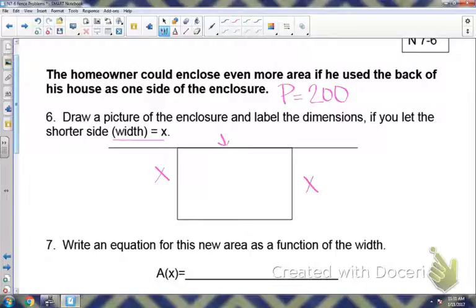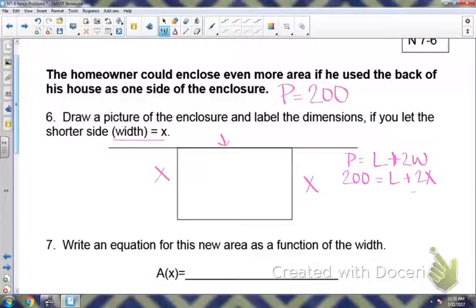So what we will do in order to find length, we'll do the same thing that we did on the front. We'll plug it into our perimeter formula. So we know the perimeter is 200. Now, notice I wrote down 2 lengths, but we only have 1 in this example, okay? So 200 equals the length plus 2 times the width, which is going to represent x.